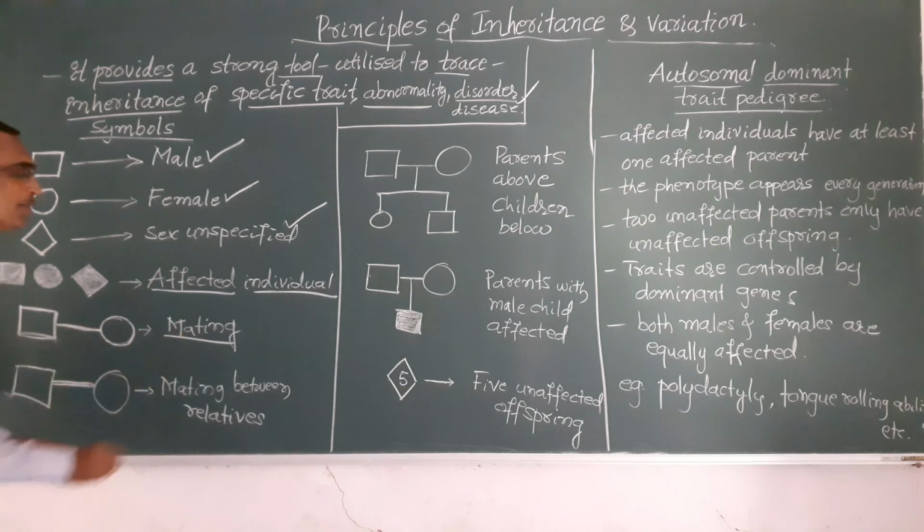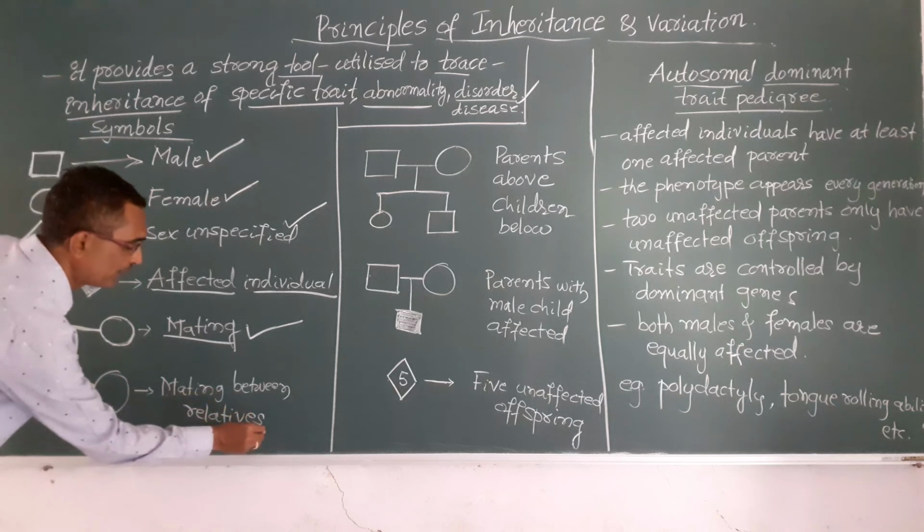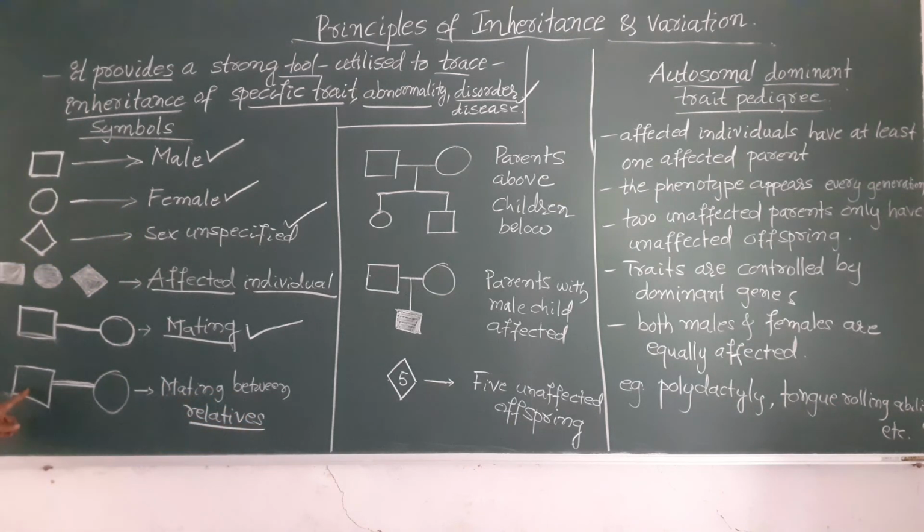And next, here it is a male and here a female, and there are two lines joining them. This denotes mating between relatives. The male and female are relatives, and mating between them is denoted by this symbol.